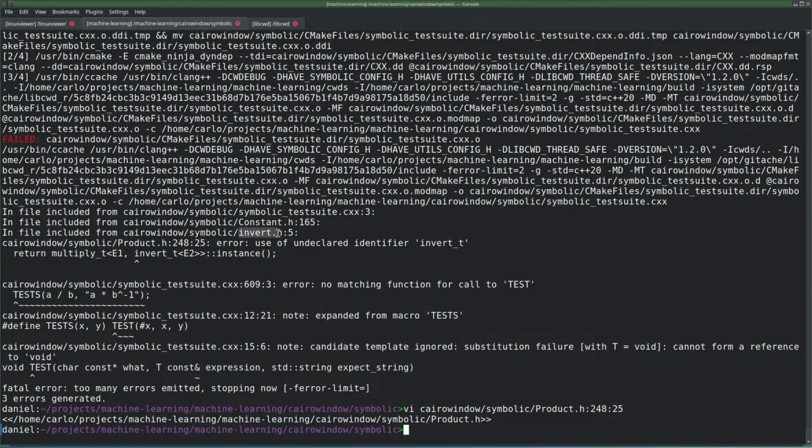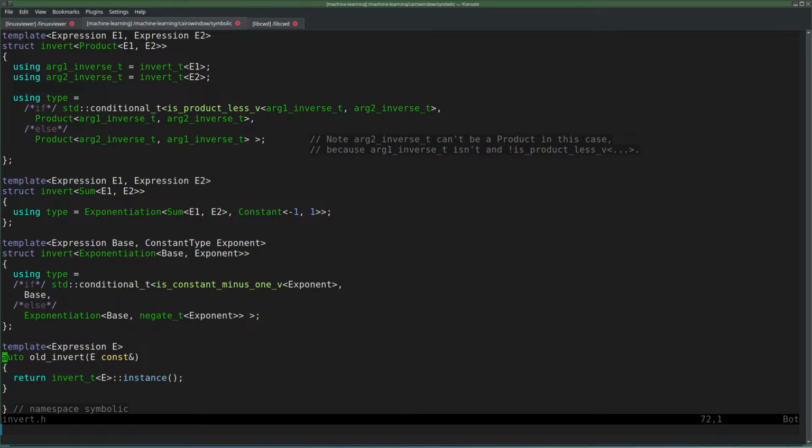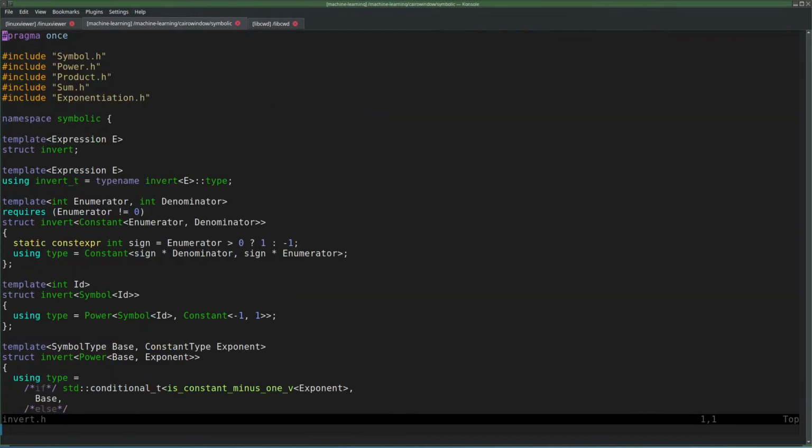So invert.h includes product. Why? And then product includes invert again. So maybe this one has to go the same route as the multiplying, and in that it does not include product, but it just forward declares it. See, it includes everything.